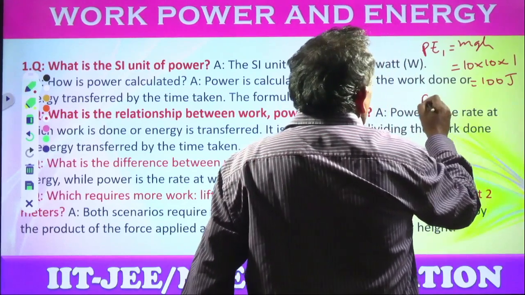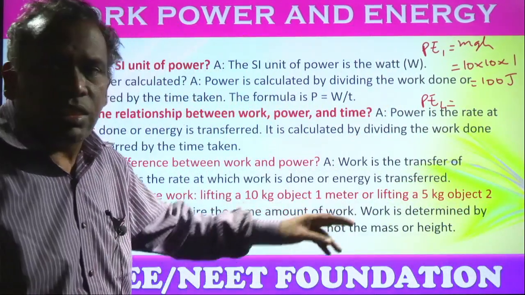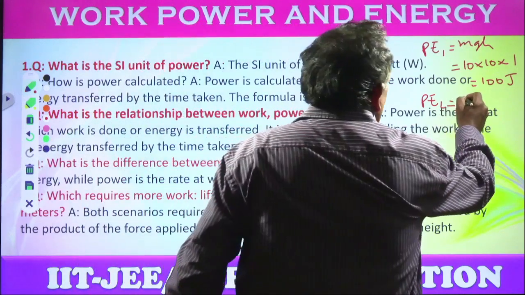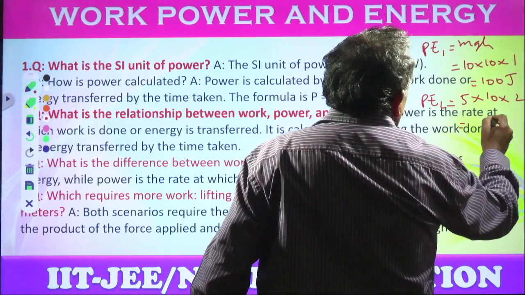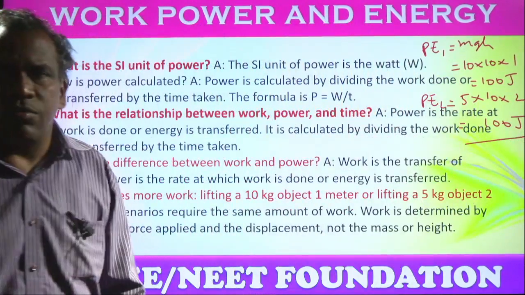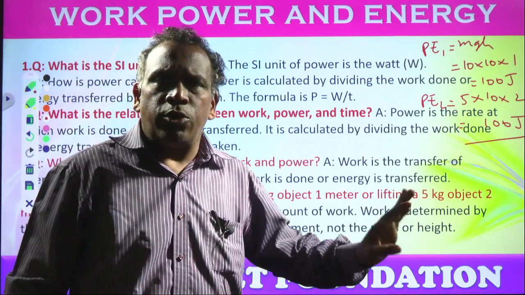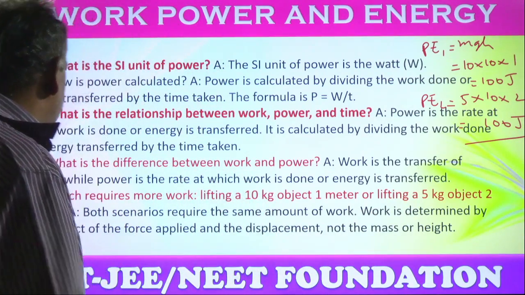For the second case, the same mgh formula, but the mass is 5 kg, gravity is 10, and height is 2 meters. So, this is also 100 joules. It means in both scenarios, the potential energy of the first case is equal to the potential energy of the second case.